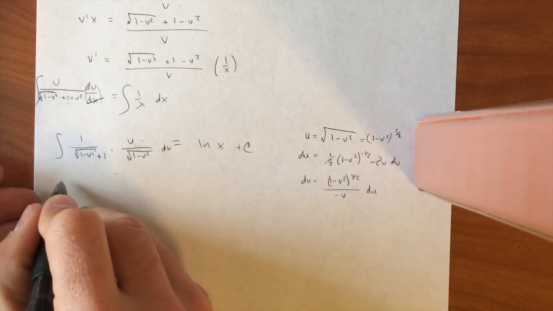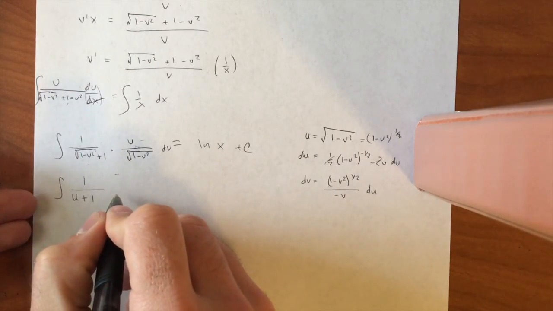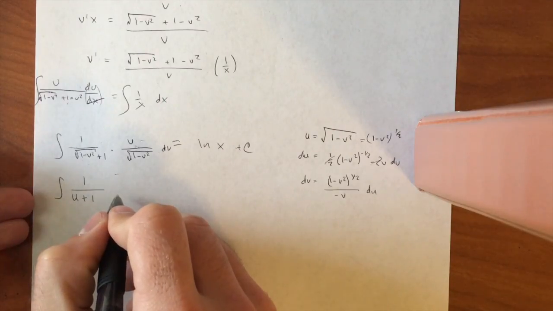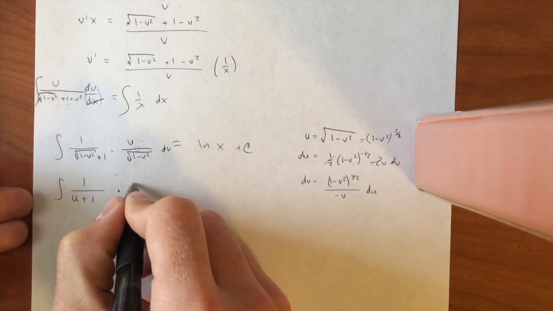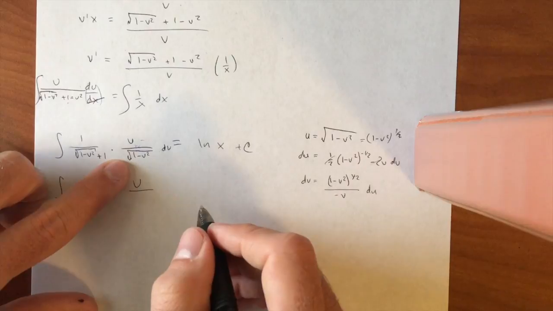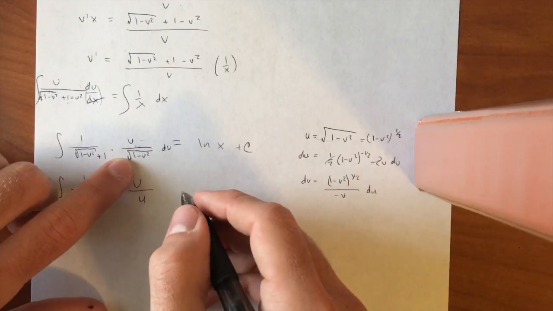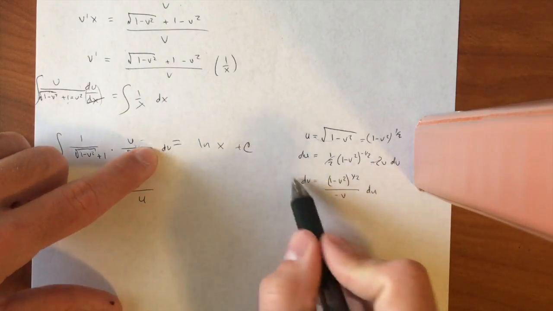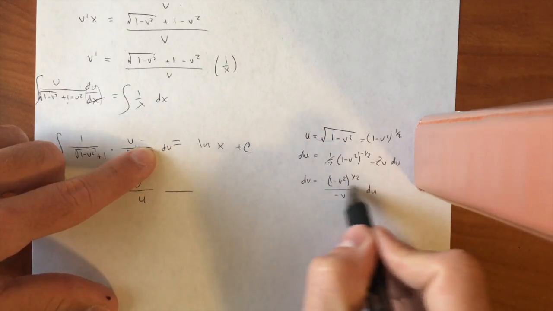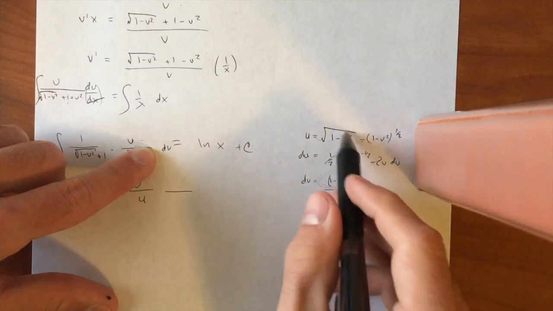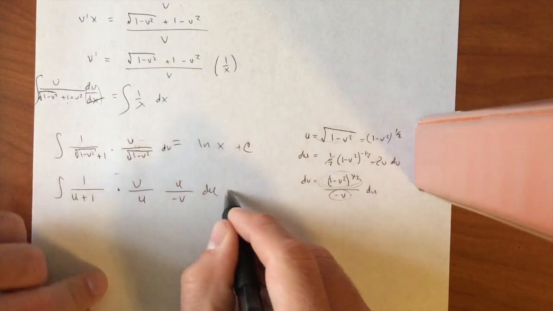That would give us the integral of 1 over u plus 1 times v over, if we look at this, this is our u, we have our u here, and then plugging in for dv, if we look at this right here, dv is equal to this, the same as our u, so we can write this as u, and then negative v right here, du.